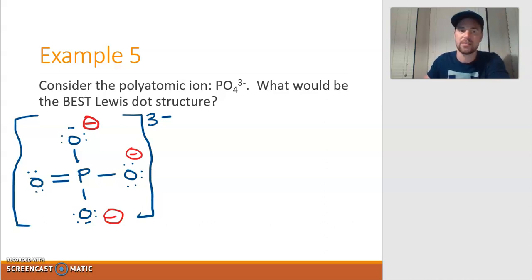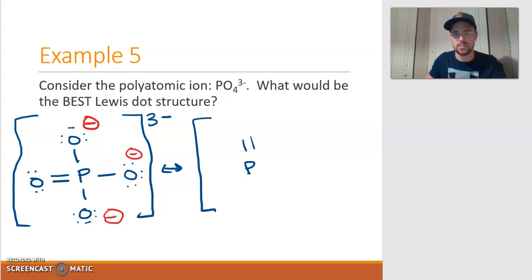But as you can guess, who's to say I had to put the double bond here? I could have done it here, here, or here. So as you can see, there's resonance. And so we need to draw the other 3 possibilities. Now luckily, it doesn't take a lot of work because I know how it should be bonded.